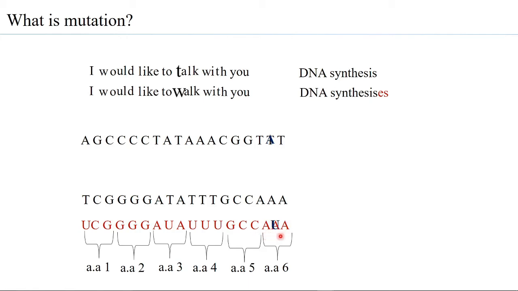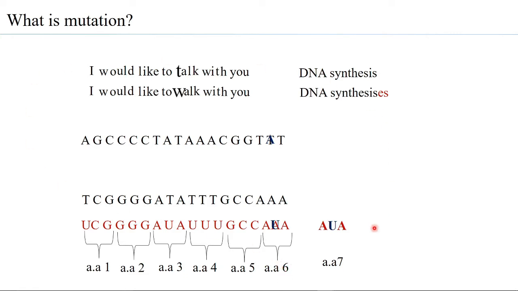So the final codon has, instead of AAA, AUA. And in all possibility, AUA may code for another amino acid, which means now you will have a 6 amino acid long protein, but with the sixth amino acid changed into another amino acid. That means that the meaning of this protein can change, because instead of amino acid 6, now at this position you have amino acid 7.